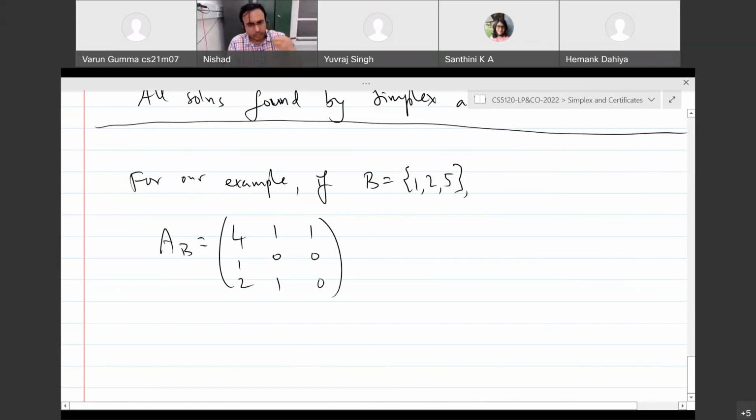And if you compute the corresponding solution, so I'm just computing x bar b because the n is going to all be zeros. So it's AB inverse times our right hand side. And if you compute that, I'm not going to compute the inverse here, you get 4, 2, and minus 1.